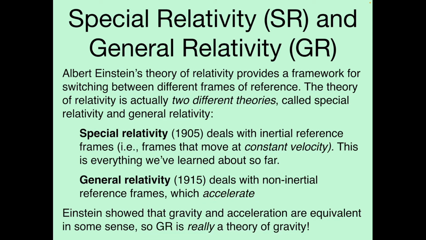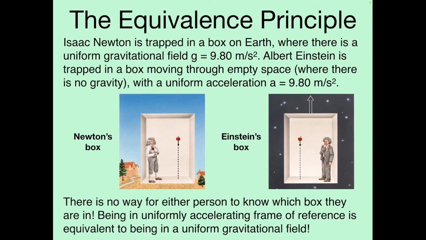Okay? That's the idea behind GR. Now, in order to understand that, we have to discuss the equivalence principle. So again, this is the idea that being in a gravitational field and being in an accelerating reference frame are really the same thing. So let's imagine 2 scenarios here.